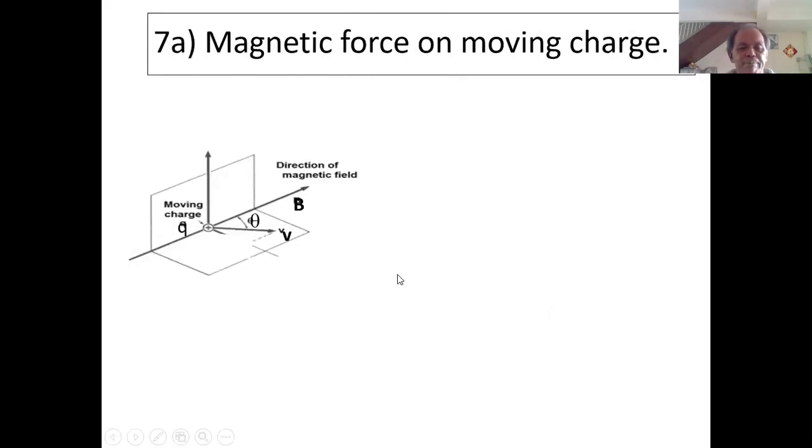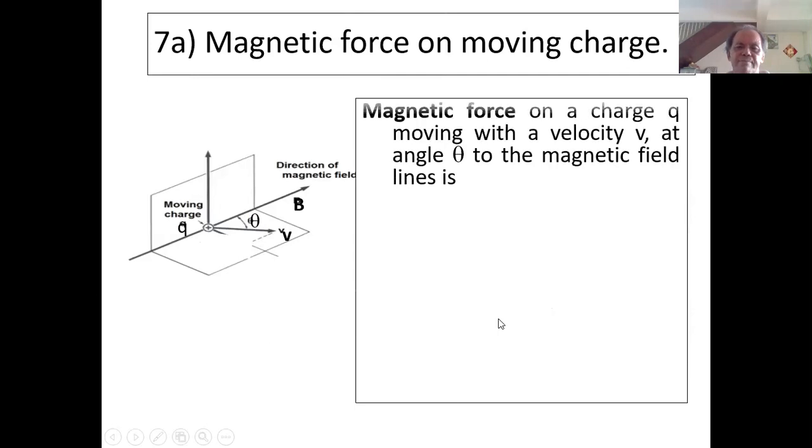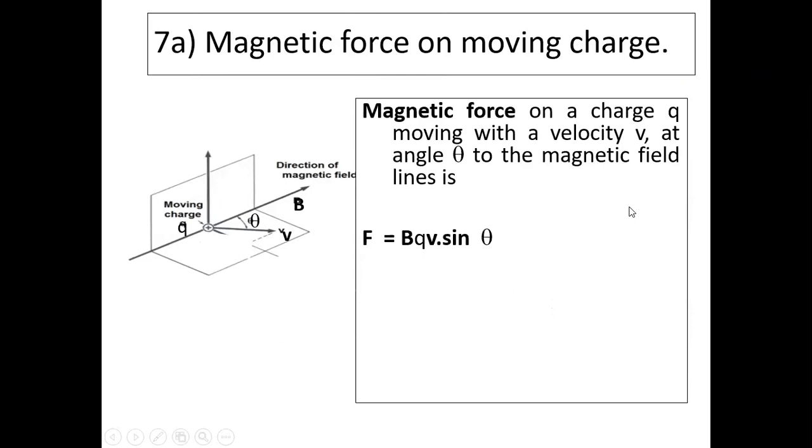So the charge doesn't have to be perpendicular. Sometimes it can be moving at an angle to the field, theta. In this case, we just find the component perpendicular to the field, which is this one here.